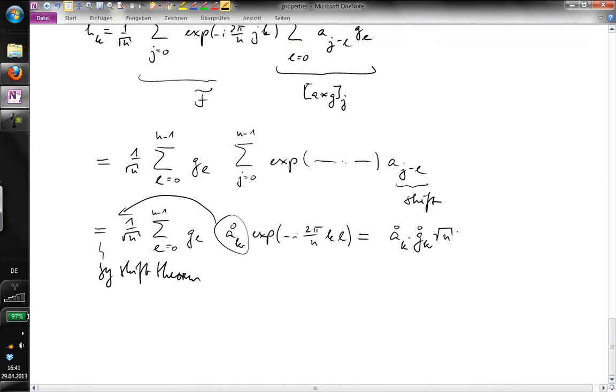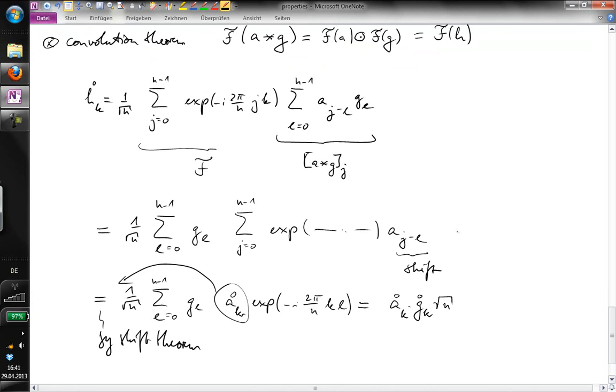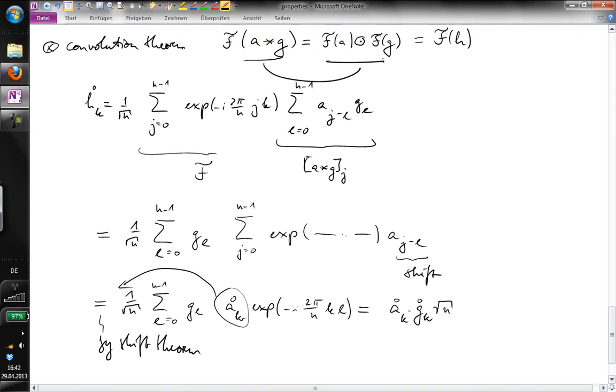So in other words, it's just what you saw up here. The Fourier transform of the convolution is given by a pointwise product of the Fourier transforms.